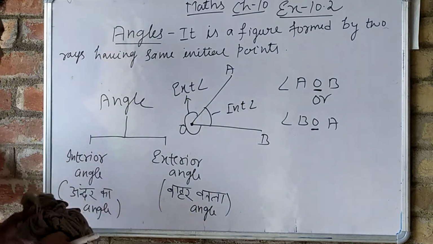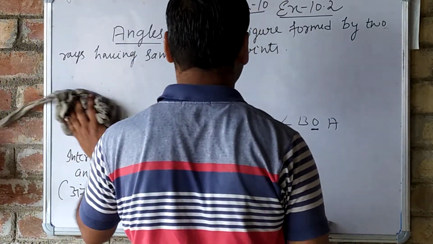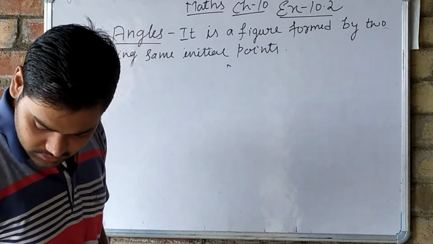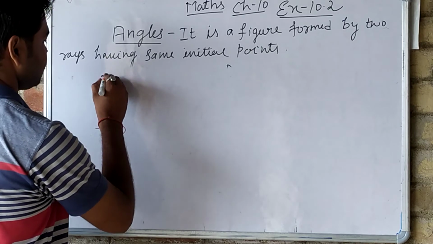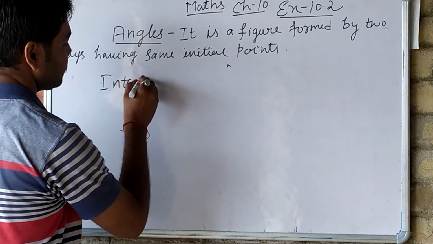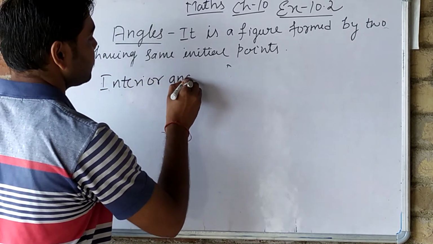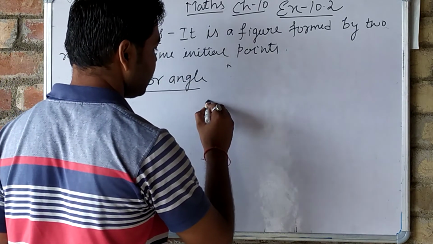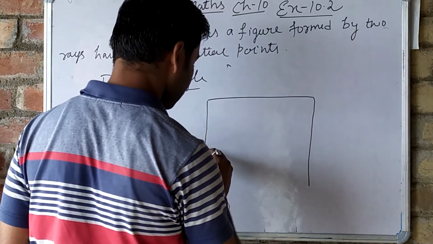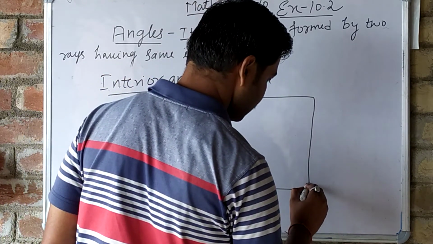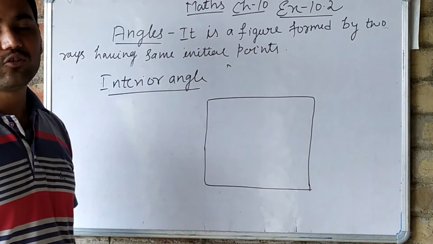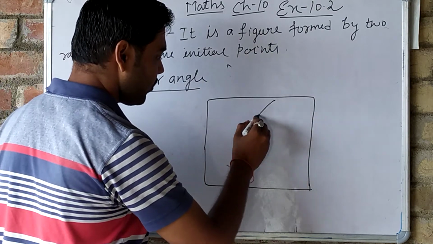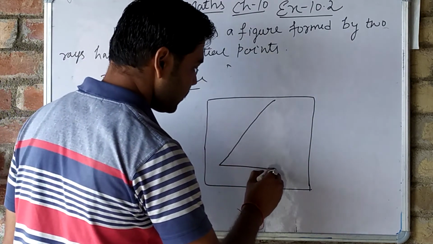Okay, now see here, interior angle. Suppose this is the size of the paper in your copy, and we have drawn this angle.